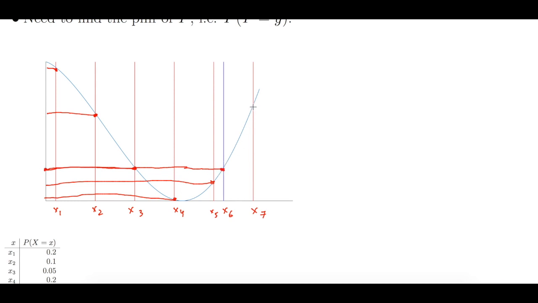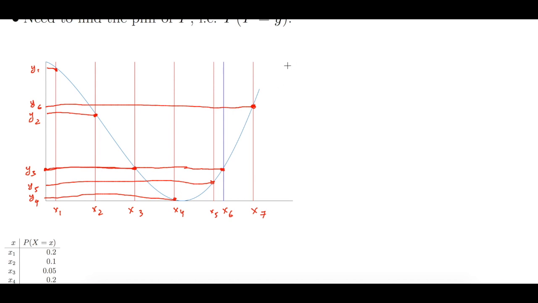And then this one is again here. In this case, this is my y1, this is my y2, this is my y3, y4, y5, and y6. So now note that we have 7 values for x but only 6 values for y.